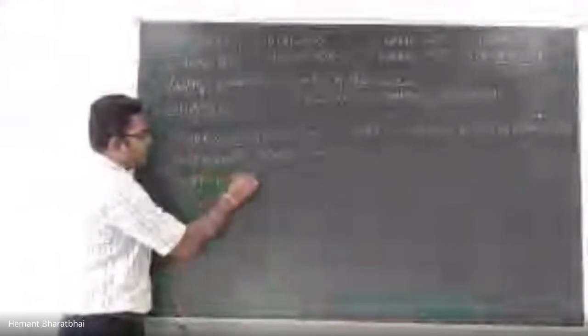Similarly, the number of elements in A union B union C, the whole complement, will be nothing but removing this set from the universal set, that is minus A union B union C. So that is what I do.